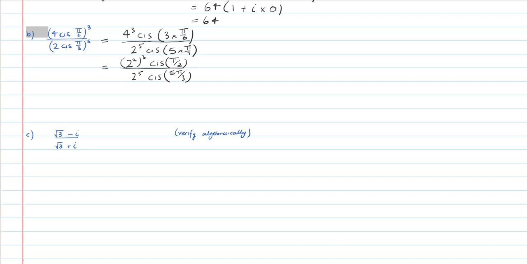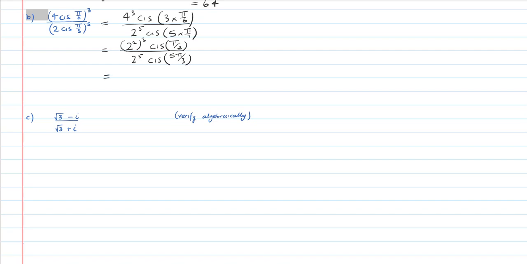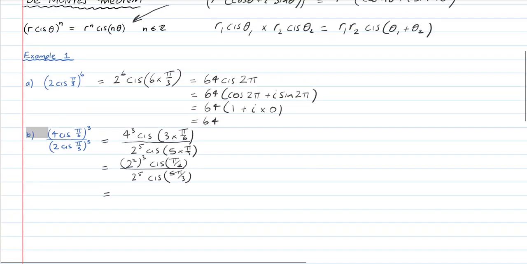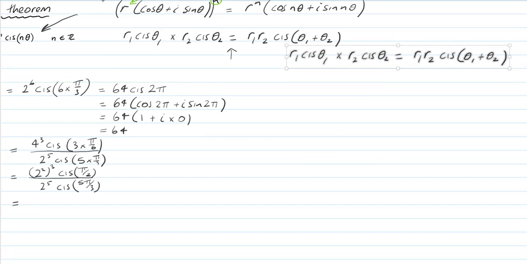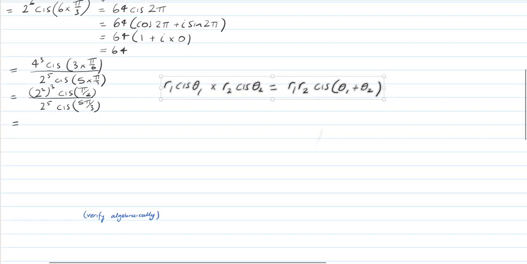Up to this stage now, I'm going to show you the adaptation. You remember I mentioned that there is another rule here. That rule can actually be adapted again, if I just copy it and paste it down here, to give us a rule with division.